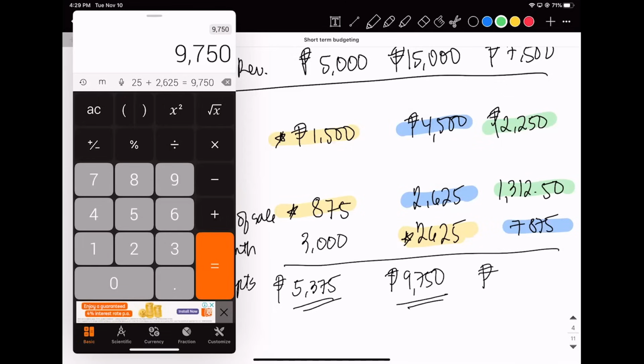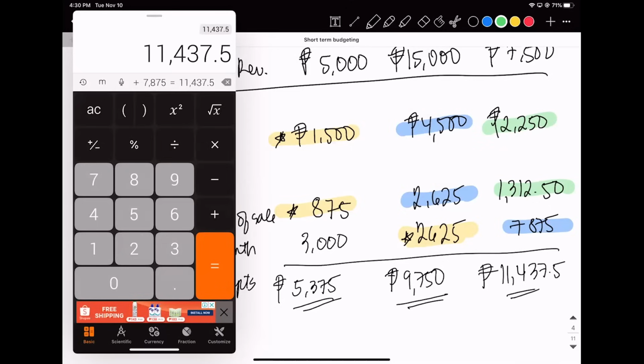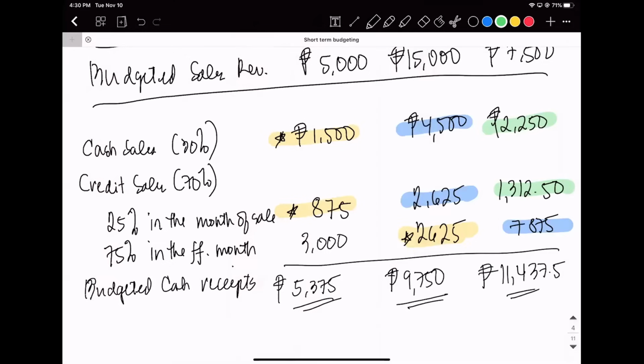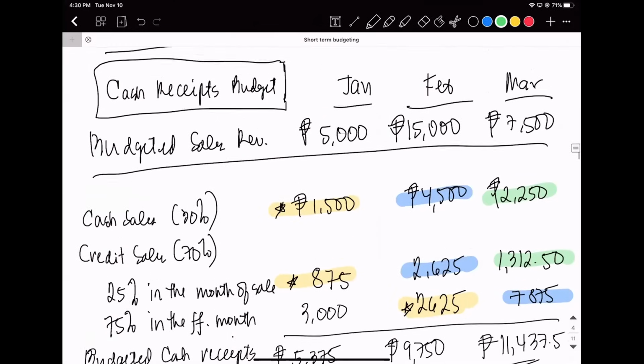Okay, and then for the month of March, 1,312.5 plus 7,875. Okay, so this is 11,437.5. Pwede mo i-round off, no? Okay lang. Yan. So, we're done with cash receipts budget.